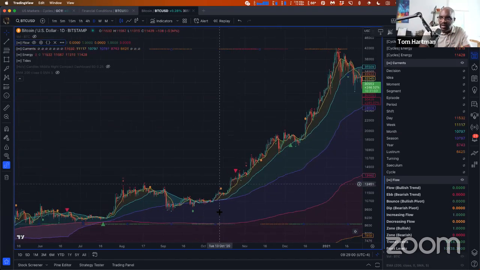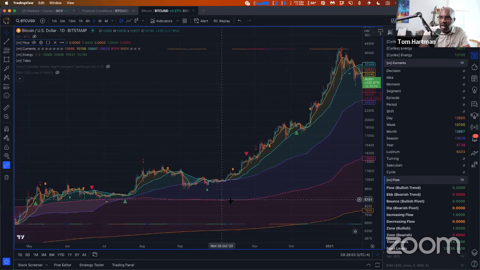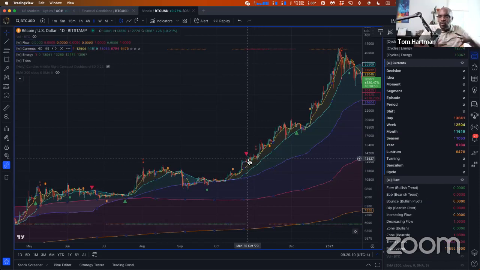Okay, totally understand. But all the currents are moving upwards. They're all turning upwards. So chances are the sell signal, you can't really lay into it because it's not being supported by anything else that's saying that. Right? So you don't go all in on that.